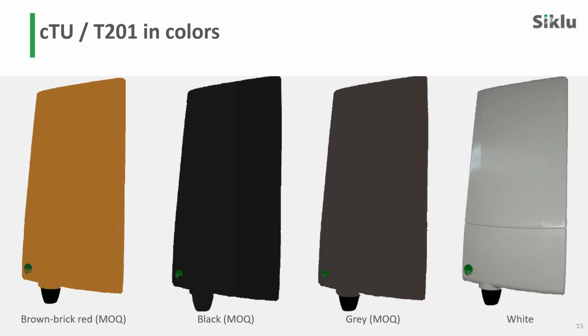For example, the black or the gray would be very useful if one wants to install the compact TU on a utility pole.